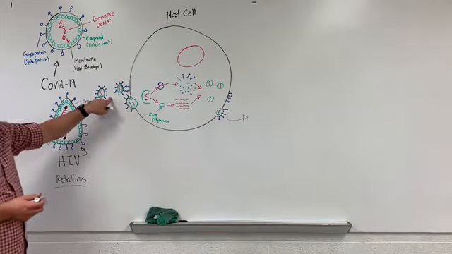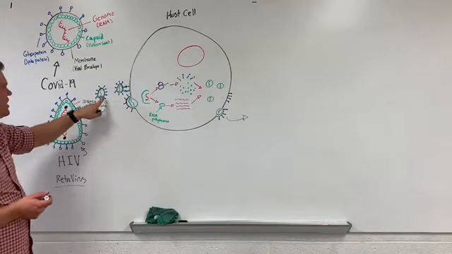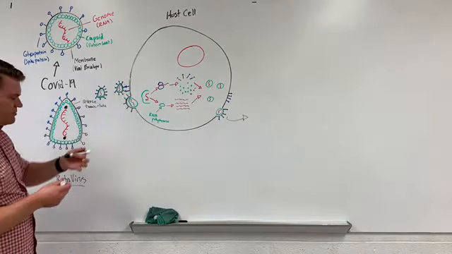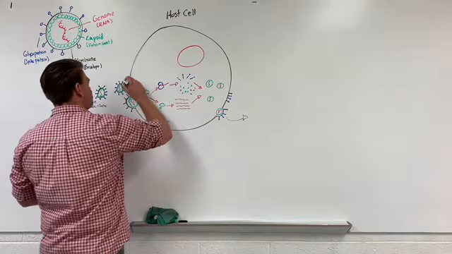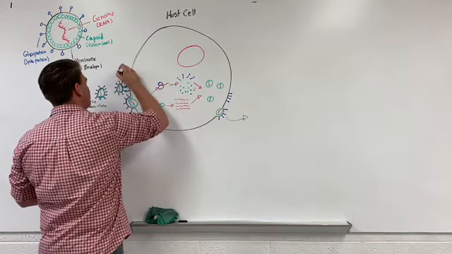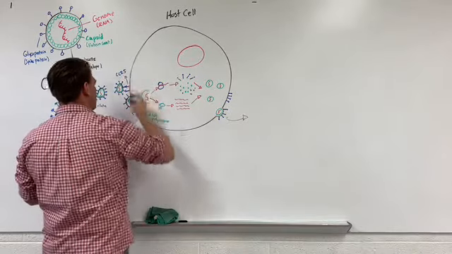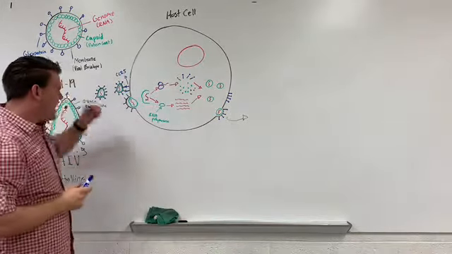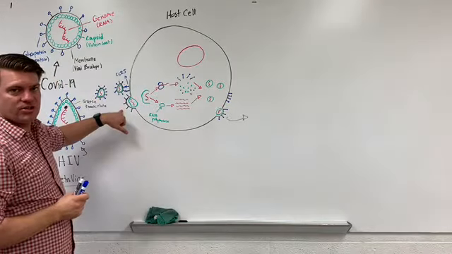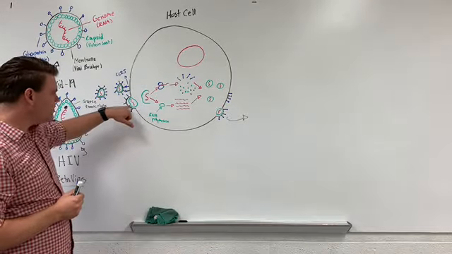And the same thing is going to happen when it infects the cell. It's going to attach to these receptors, which are specifically called CCR5 receptors, and it's going to enter into the cell.